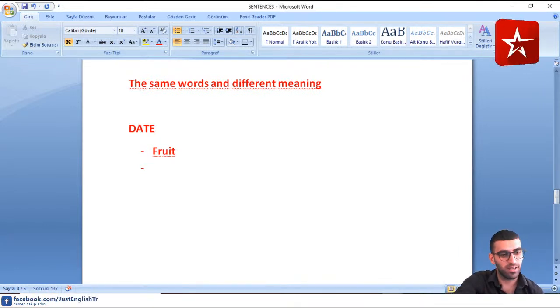In Iran also we have that fruit. In Turkey also you can see hurma. You say hurma, date. The second meaning is related to time.